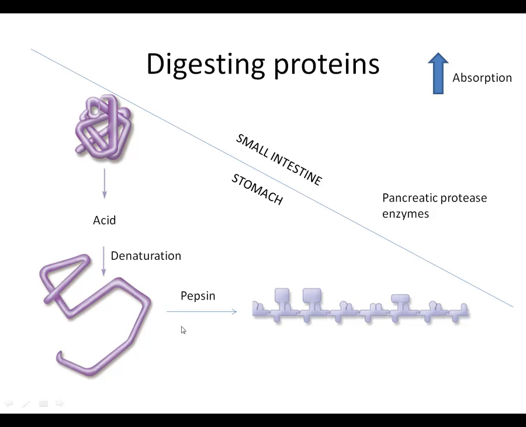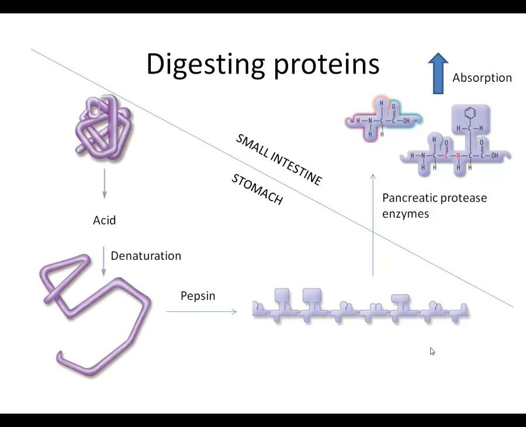So after pepsin digestion into chunks, the next step takes place in the small intestine. The pancreas dumps enzymes into the small intestine that take the peptide chains and hammer away at them until they are reduced to mono, di, or tripeptides, no more.